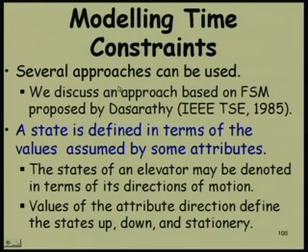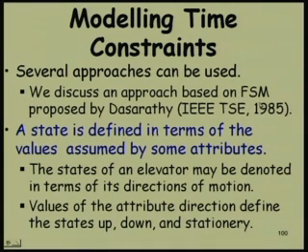So, as we are saying, there are several approaches that have been used to model time constraints. We will use an approach discussed in the IEEE Transactions on Software Engineering 1985. This model extends the finite state machine.